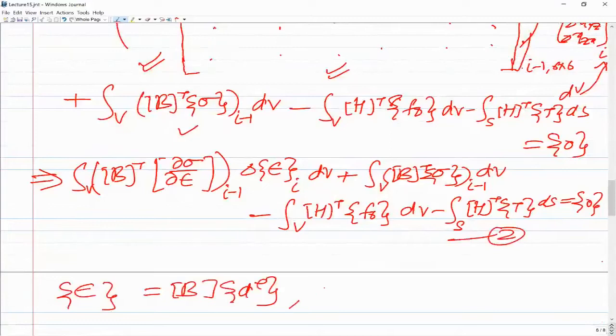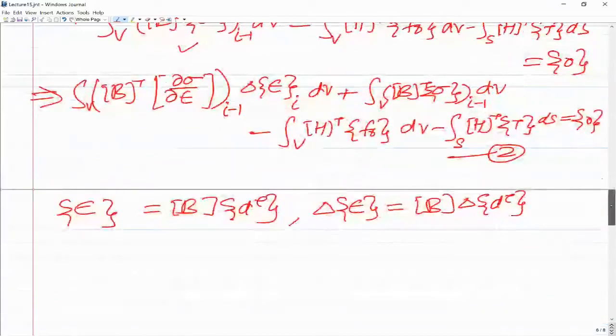Similarly, the increment in the strain vector, delta epsilon, can be written as B into delta of dE, because B contains the derivatives of the shape functions. So delta epsilon can be written in terms of the increment in the elemental degrees of freedom, delta of dE.